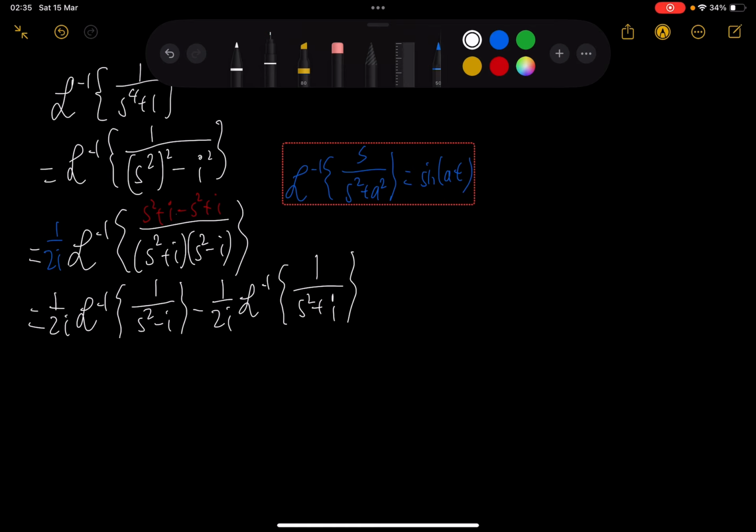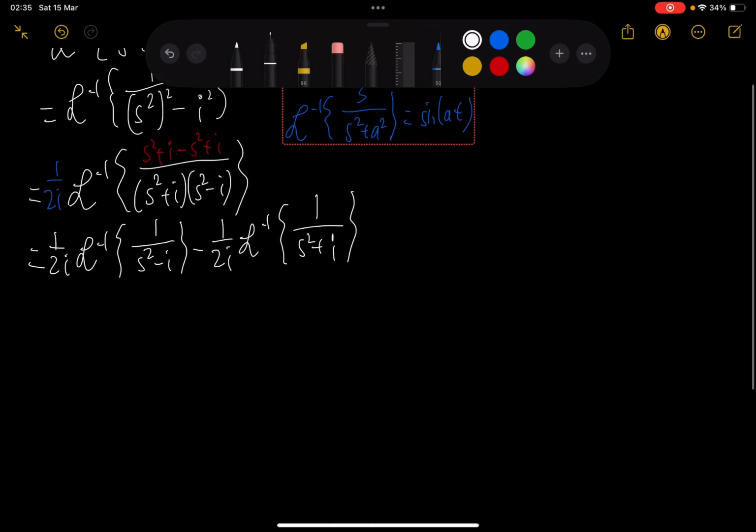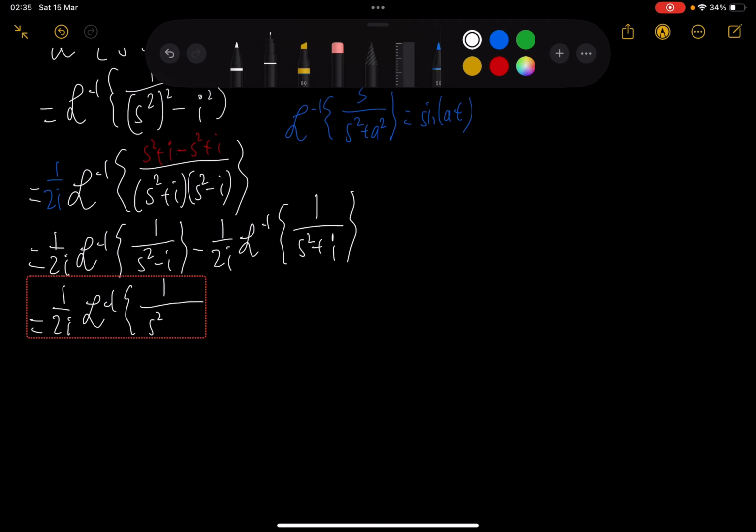Here we need an s on the top, and first things first, we need a squared, positive a squared. And here is the deal. I'm going to write this s^2 minus i as s^2 plus negative i, like that. This is the same thing. I'm going to take a square root and then square it. It's the same thing, right?